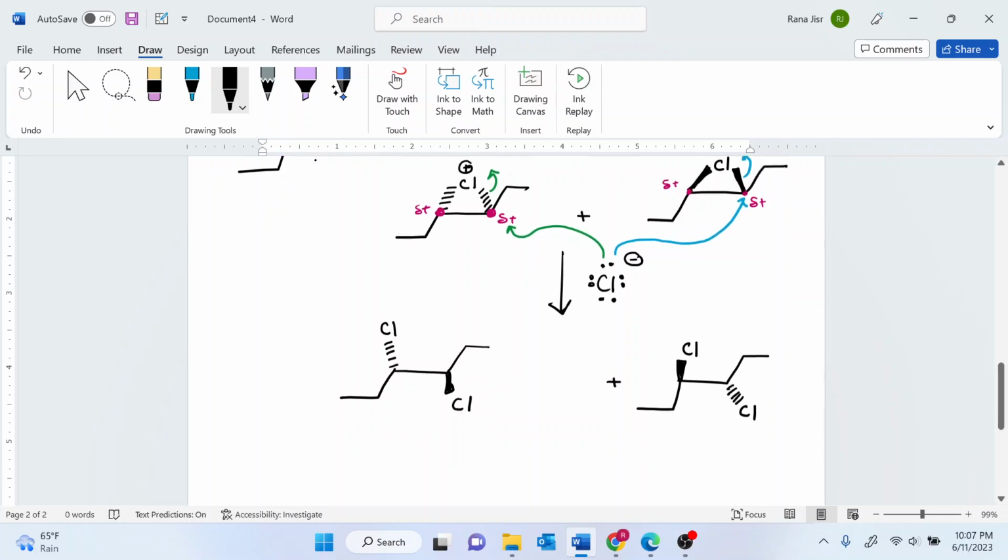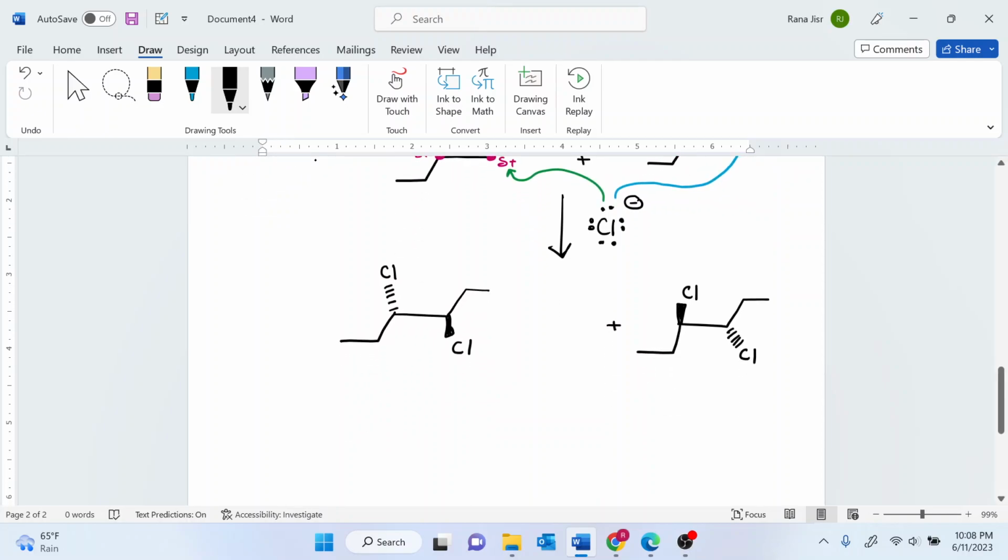Okay, now notice what I have in here. I do have two chiral centers, yes. This is a chiral center in there, and this is a chiral center. This is a chiral center in there, and this is a chiral center. But these two are the same molecule in here. Why are they the same molecule? Because I can simply do a simple rotation around the carbon single bond carbon in here.